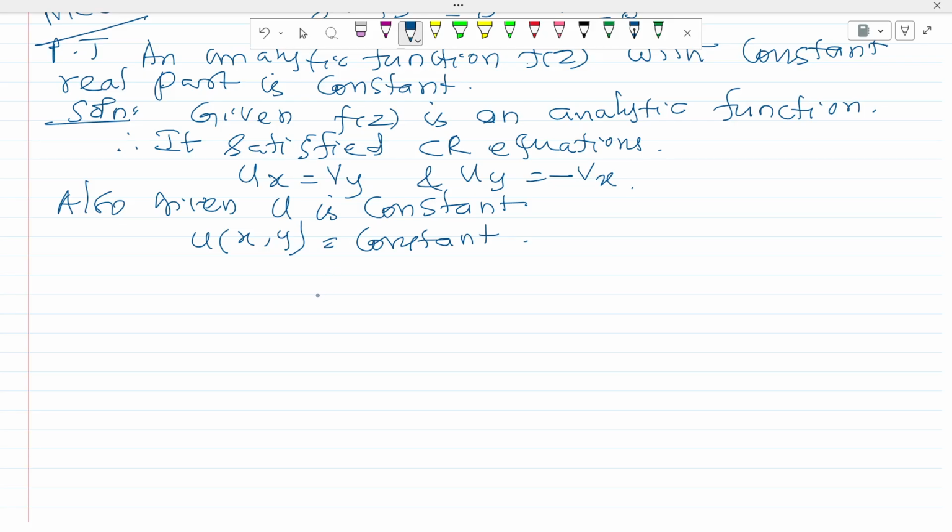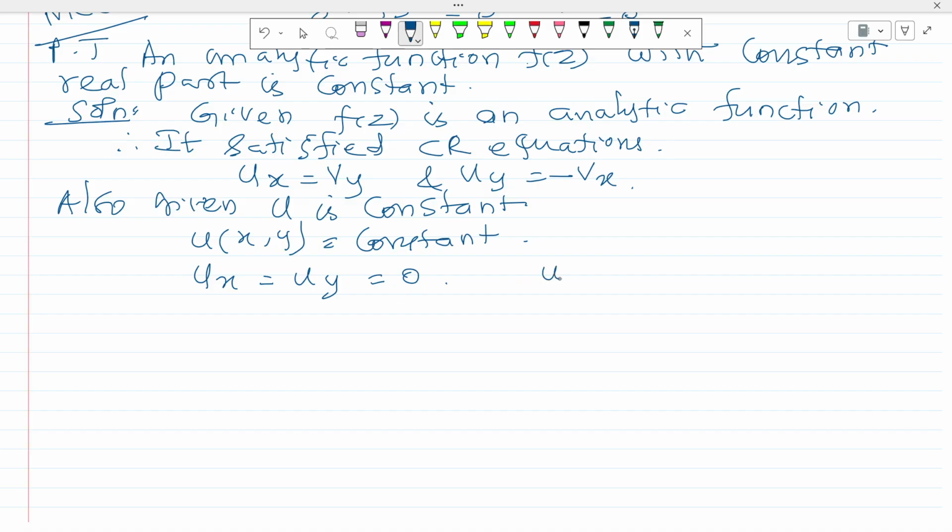Okay, fine. What is ux? What is uy? Because it is the constant, if you differentiate that, you will get 0. Therefore, ux equal to uy equal to 0.